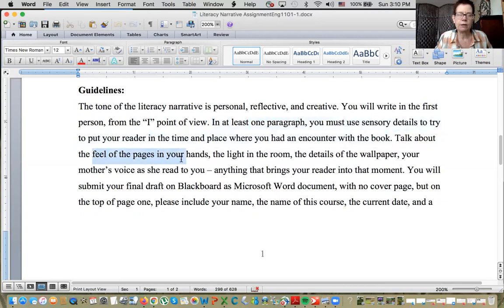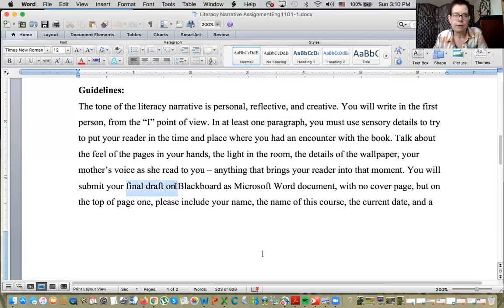Talk about the feel of the pages in your hand, the light in the room, the details of what you see around you. Maybe if it's something that your parents read to you, you could talk about your mother's voice as she read it to you, right? So that's where you're going to, in at least one paragraph, try to slow it down and really get into those details.